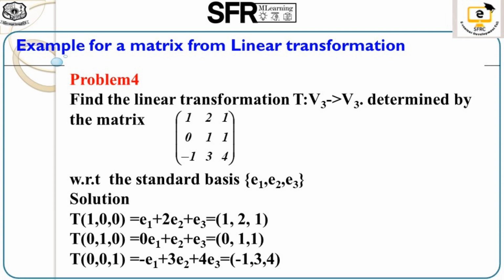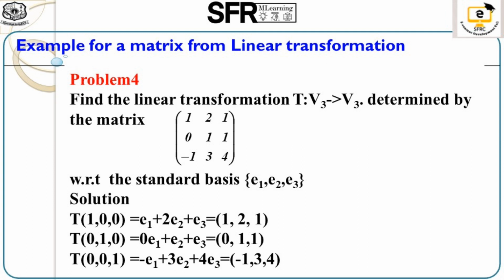So, we know that for the standard basis, T of (1,0,0) can be written in terms of e1, e2, e3 using the row values 1, 2, 1. This can be written as e1 plus 2e2 plus e3. This is equivalent to the first row of the given matrix, 1, 2, 1.